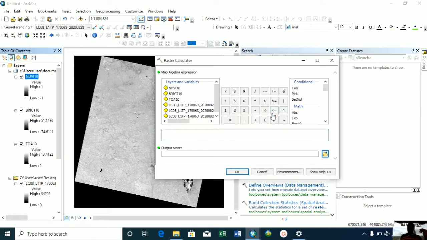So you go to your raster calculator, and then you write square.